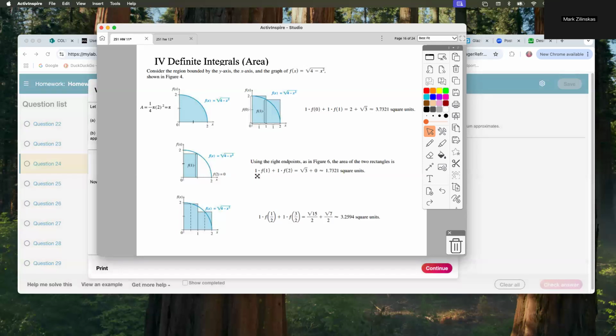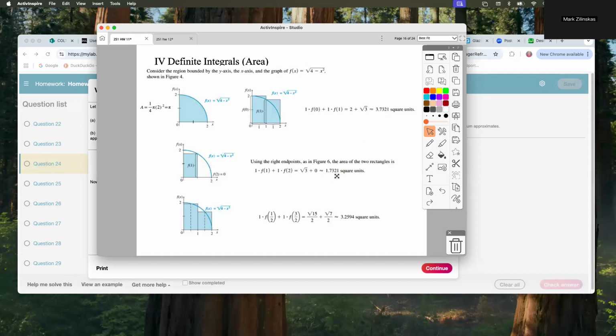So I take f of 1 times the width, and I take f of 2 times the width. Well, this is going to give me the square root of 3 for f of 1 times 1, and then f of 2 is 0, as we said over here. So I just end up with the square root of 3. So notice the true area is pi, which is about 3.14. Obviously, the previous one is going to overestimate it.